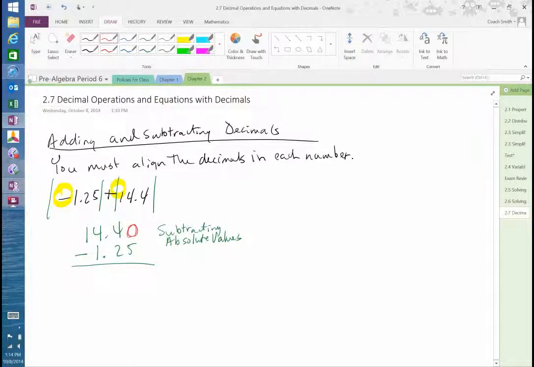Can I do 0 minus 5? No, can't do that. Have to make that a 3, make that a 10. So that becomes 5, 3, no, 1. Bring down the decimal, 13.15. Now, the larger absolute value is positive, so it's a positive 13.15.